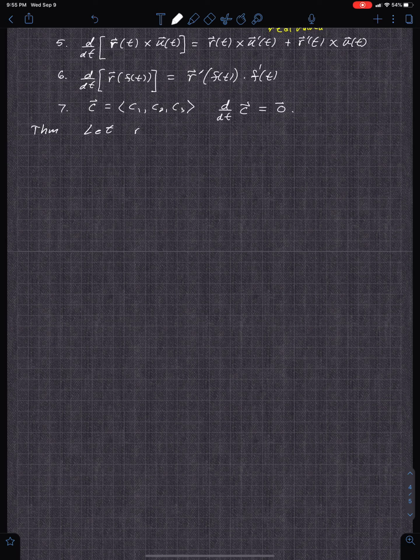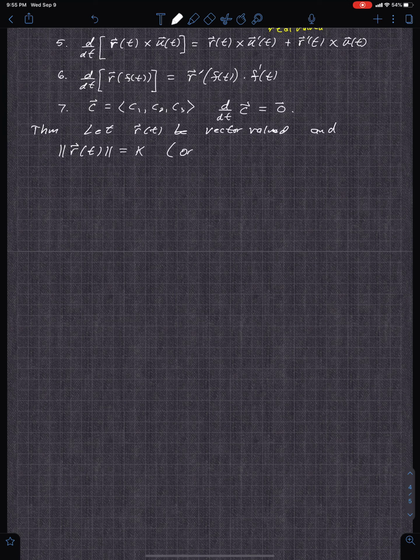So let r of t be vector valued, as defined above, and we're going to say the magnitude of r of t is constant.